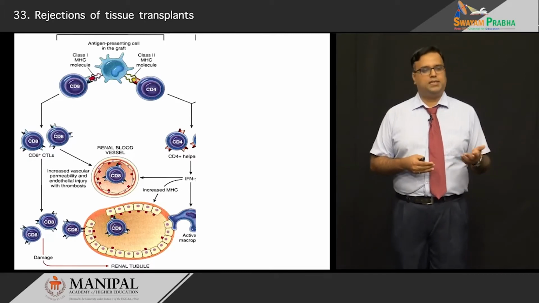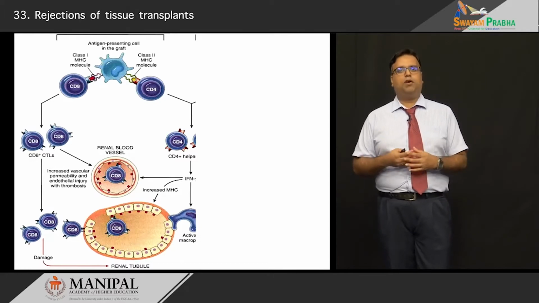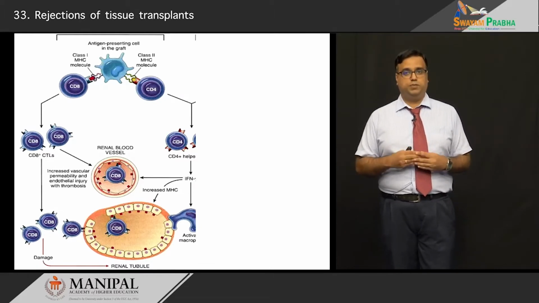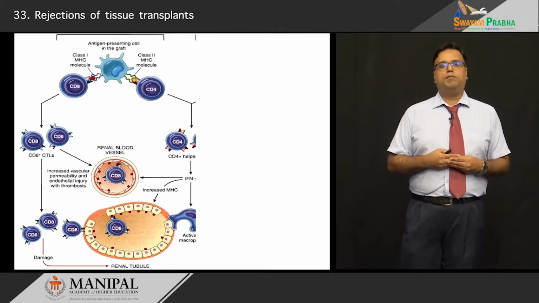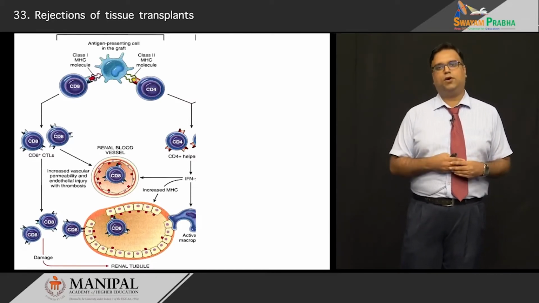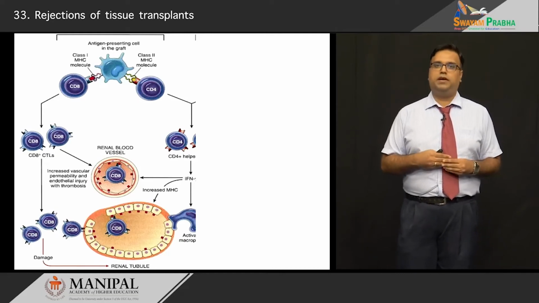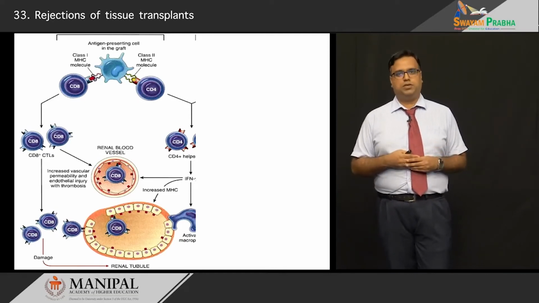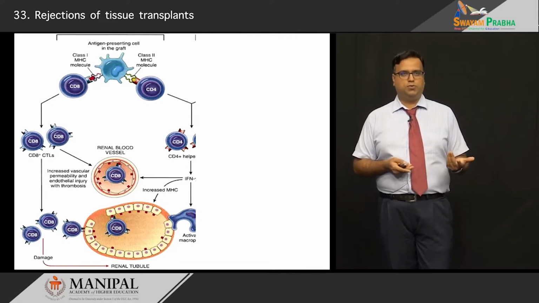Now, what CD8 cells also do is they attack another important component of the kidney graft, which is the tubule. Like indicated at the bottom of the screen there, the CD8 cells directly attack the epithelium of the proximal and distal convoluted tubules, resulting in tubular injury and irreparable damage to the tubular basement membrane as well. CD4 cells also do play a role.